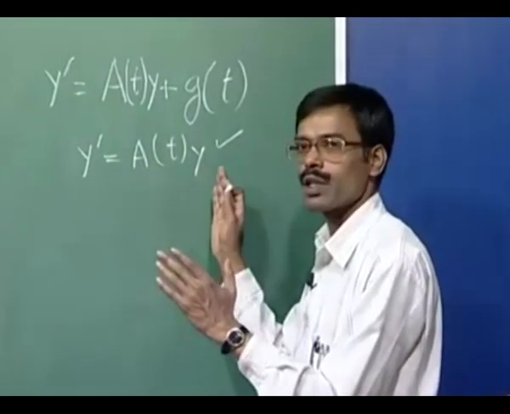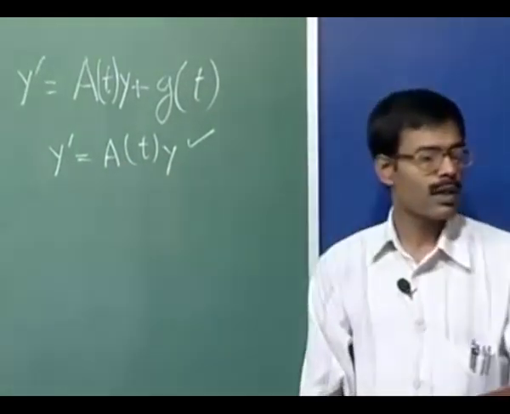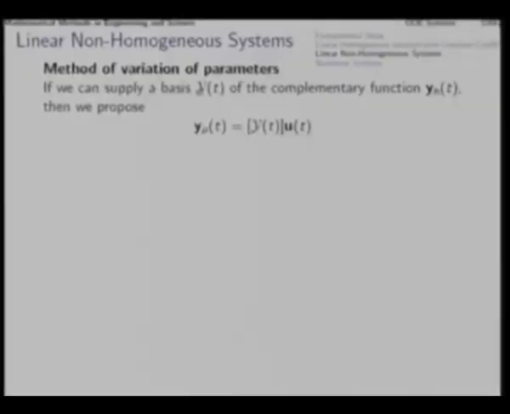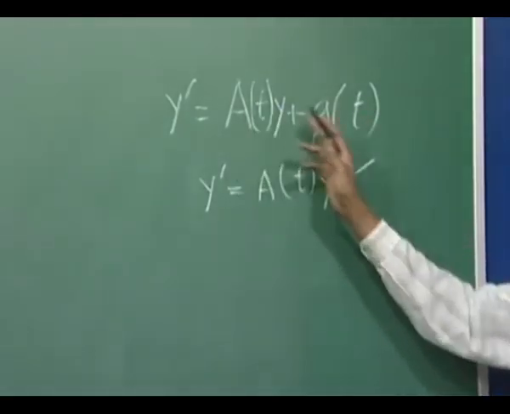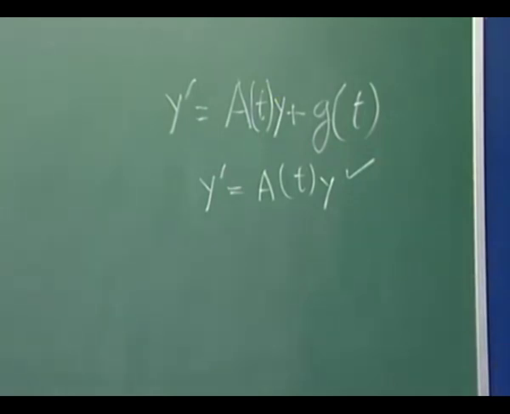So, y1, y2, y3 etc., and we have formed the fundamental matrix. So, if we can supply a basis of the complementary function, then in any situation we can develop the complete solution of this system of differential equations with the help of variation of parameters.